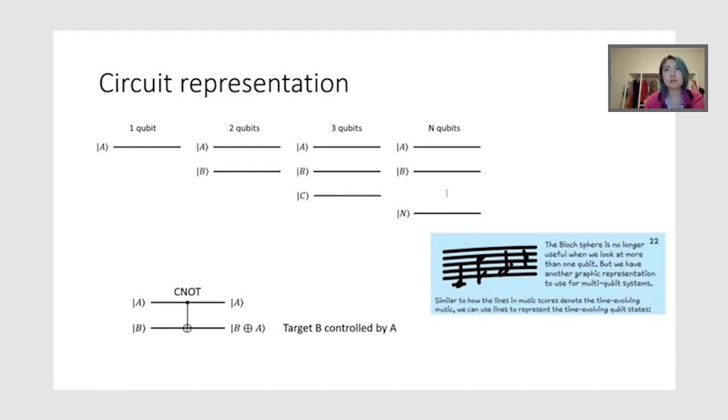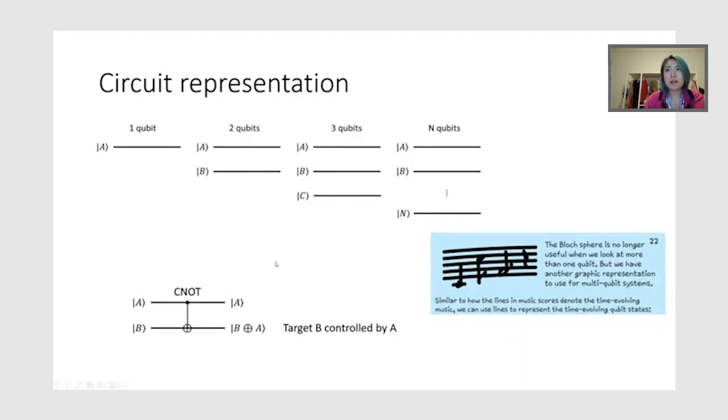So for us, we can't really see anything beyond 3 dimensions. So we're not going to use Bloch sphere. It's only helpful when you want to see how that 1 qubit can change. But we can introduce another graphical representation that can help us when we have a few more qubits.